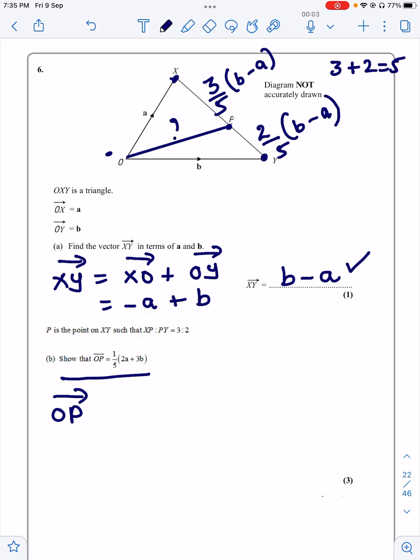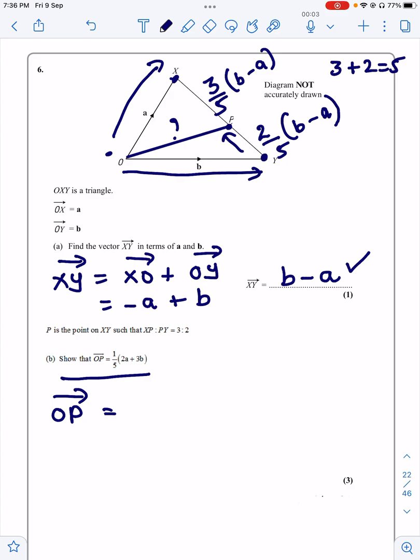What I do, I go from O to Y and then from Y to P. Let's see why I chose this path. I can go from O to X also and X to P also. In both cases, my dear students, you will get the same answer. I will be doing one method, you can try the second method.